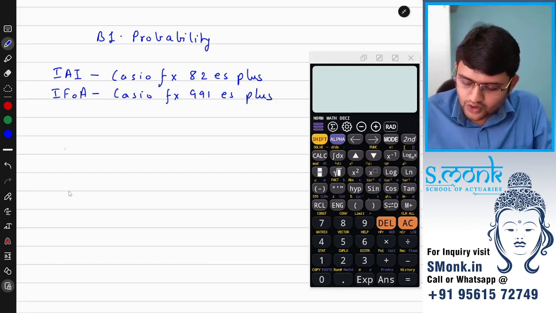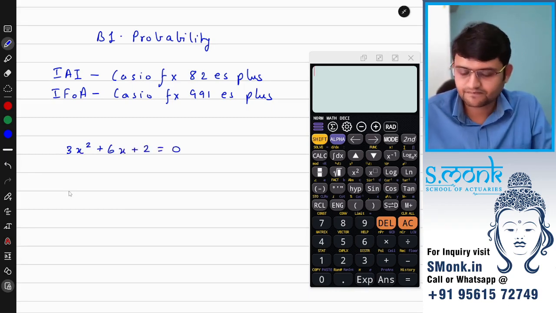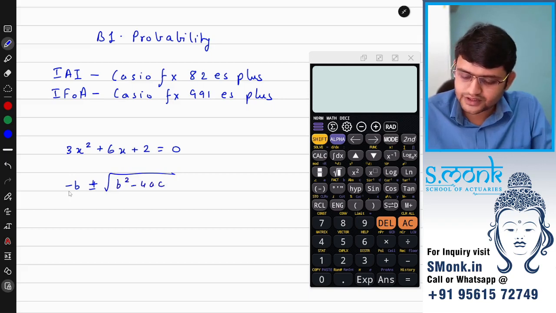So we all know the quadratic equation. Let's say I'll make a quadratic equation. We know to solve this quadratic equation, we say we have minus b plus minus under root of b square minus 4ac upon 2a.